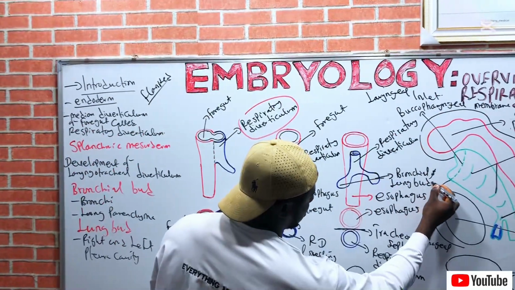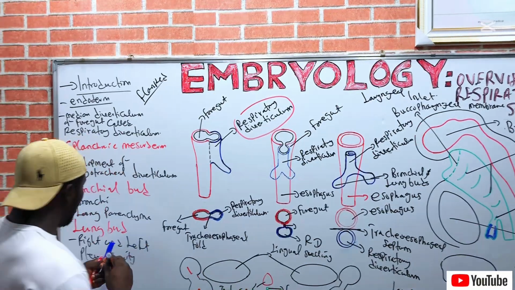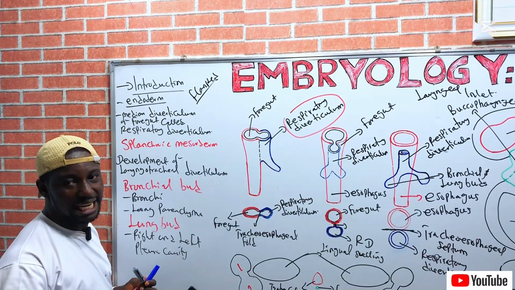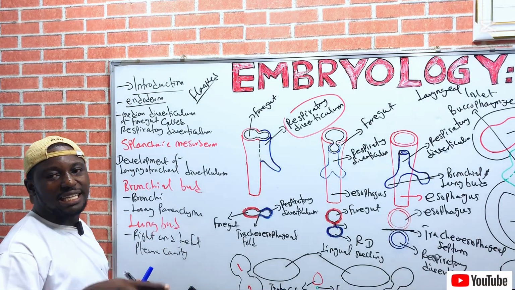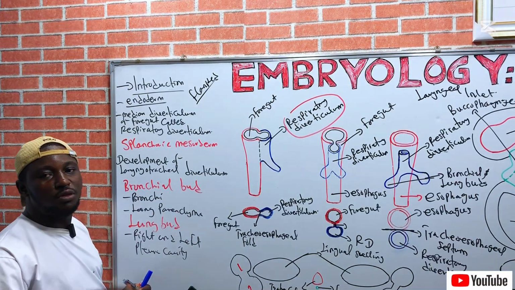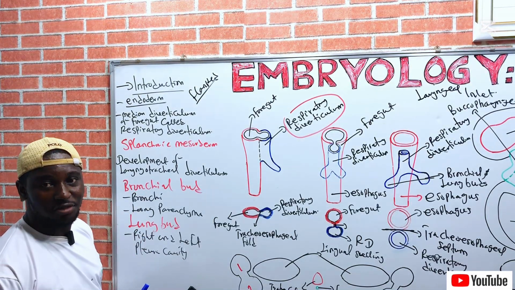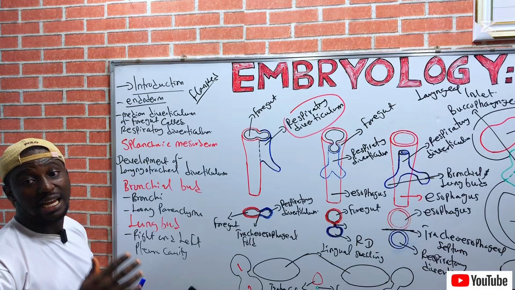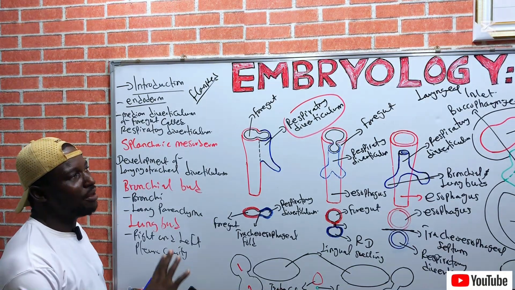The lung bud, because there are two, right? Now, the lung bud chooses to invaginate into the pericardioperitoneal canals to form the right and left pleural cavity, which covers the right and left lungs, right? That is how they are being formed.